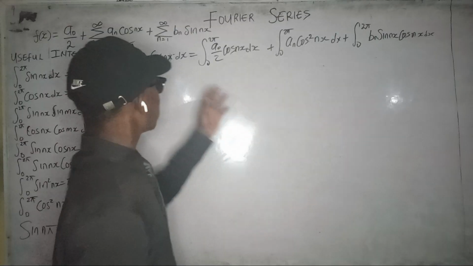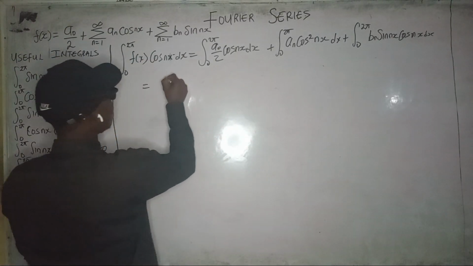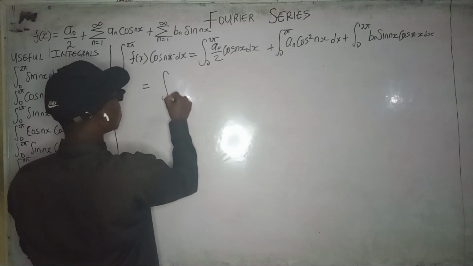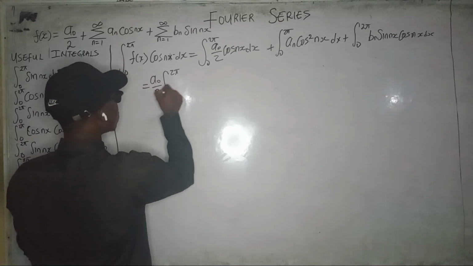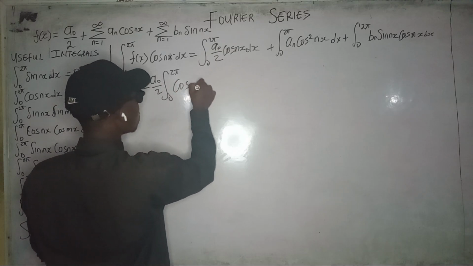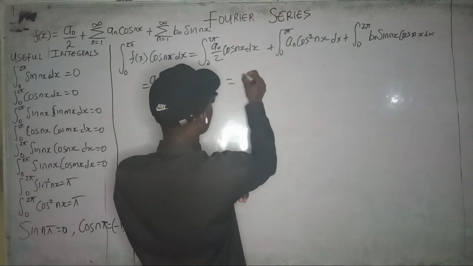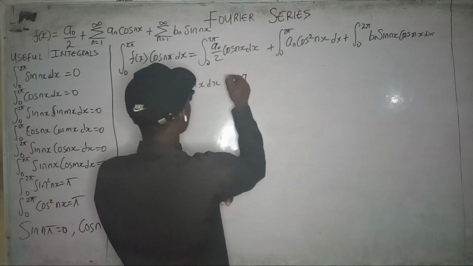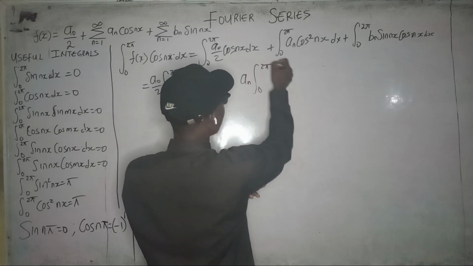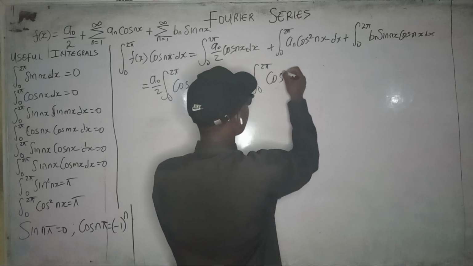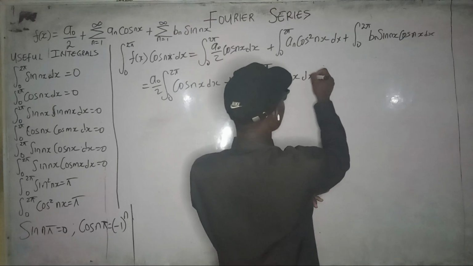So now we can just bring our constants out. We are going to have the integral from 0 to 2 pi, our constant a naught over 2 can come out, then we have our cos nx dx, is equal to, our a_n can come out, plus the integral from 0 to 2 pi of cos squared nx dx.